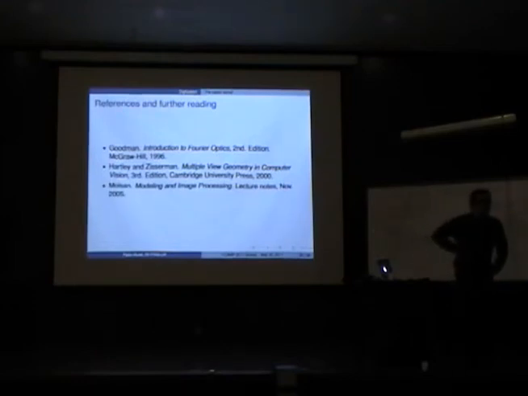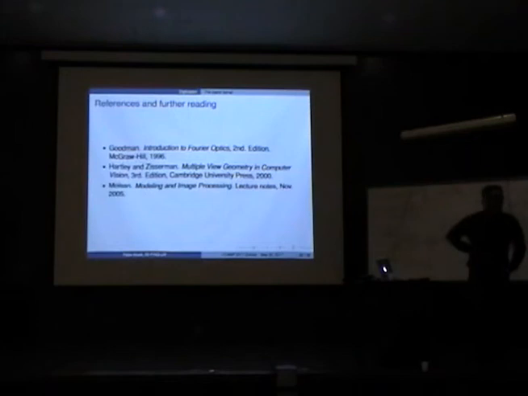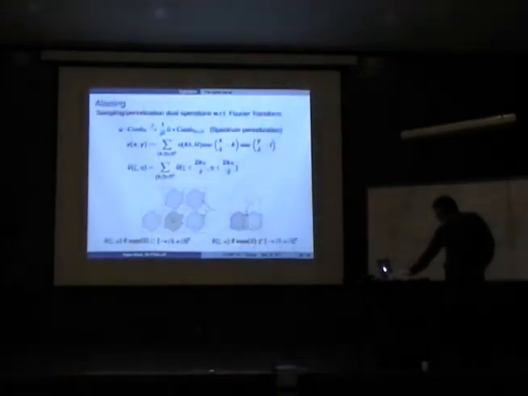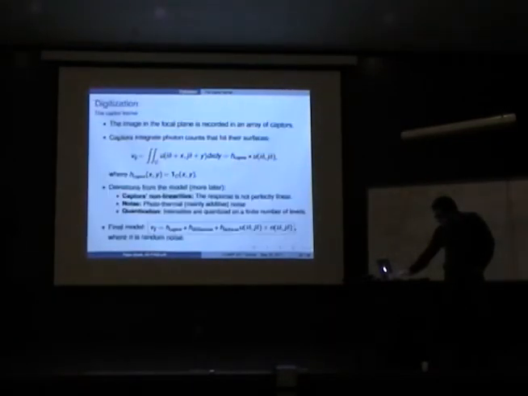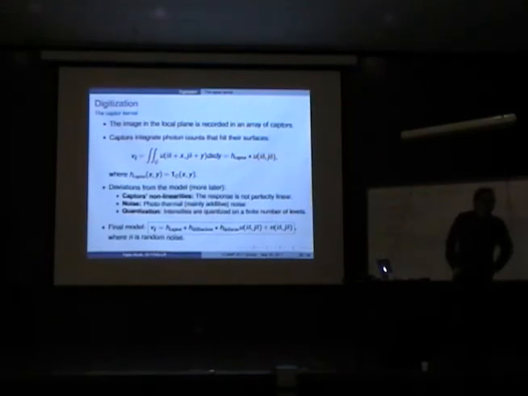I was wondering if you could put your slide number 30 again. I might have a question there. That first equation that you're showing, is that your definition of your H captor? Basically, you have to integrate light in a given domain.